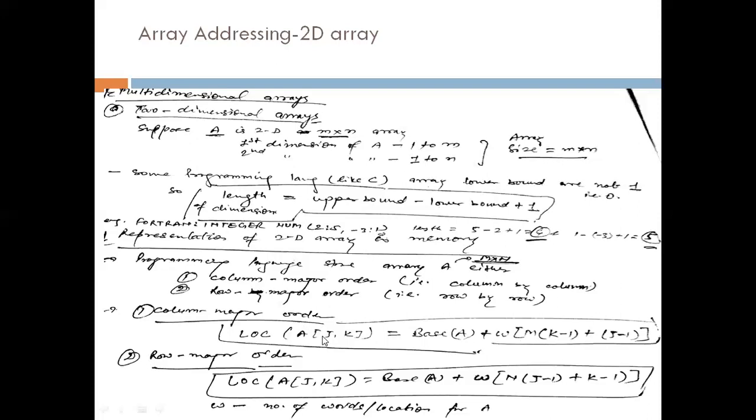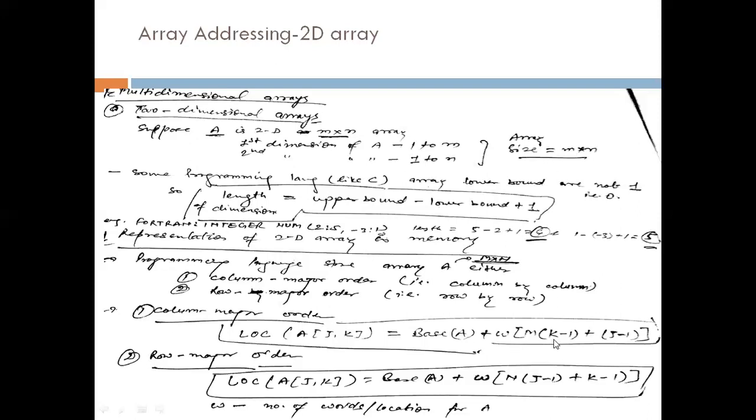So if we take column major order, for the jth row and kth column, that means k minus 1 columns are already stored. In each column how many elements? You know, this is an m cross n matrix, which means there are m rows.